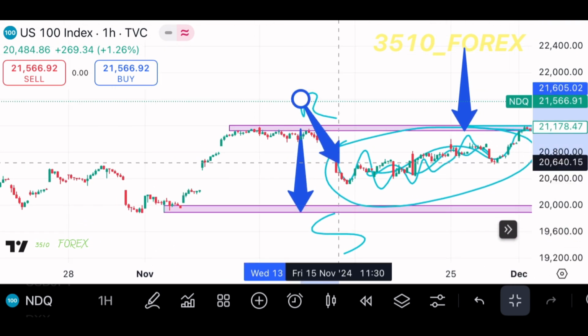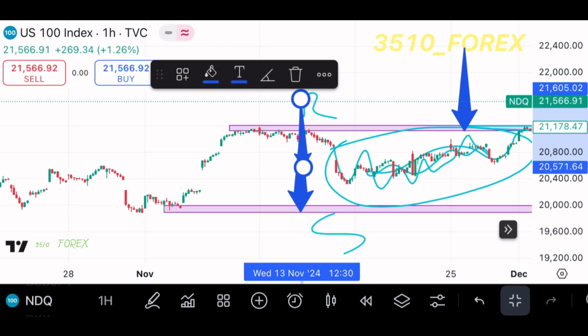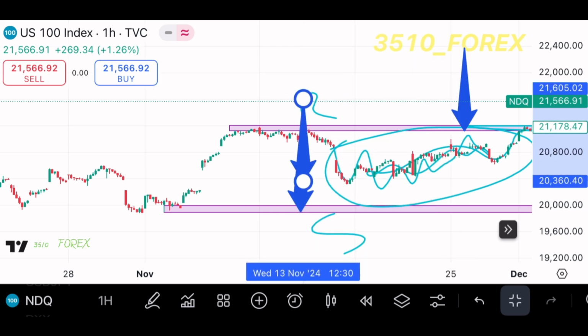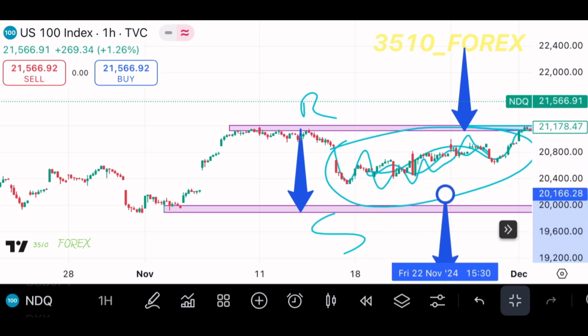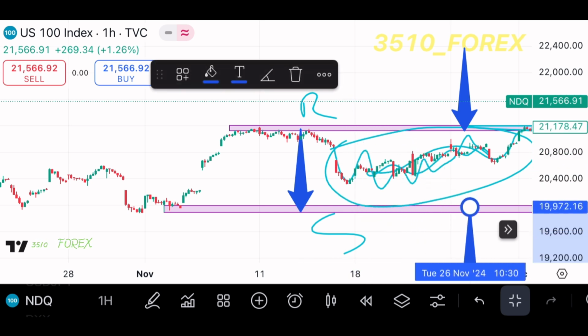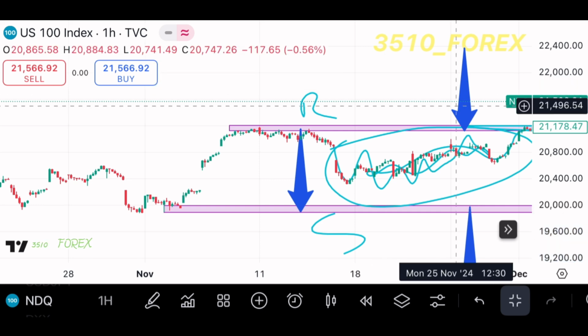I'm trying to take it. Okay, let me do this. Clone and then move. Okay, then I'm pasting it from my support downwards, and from the resistance upwards.